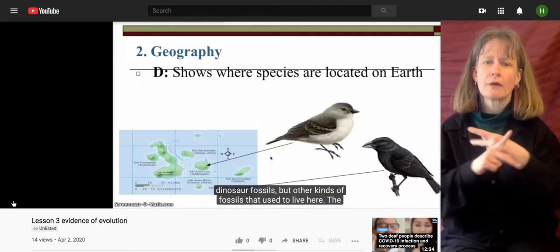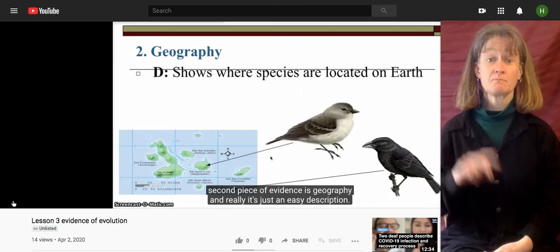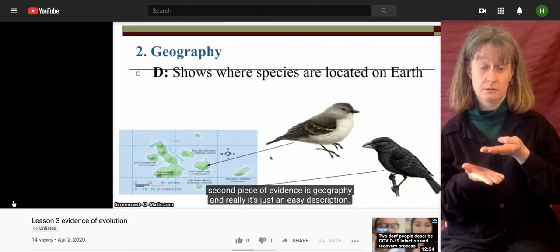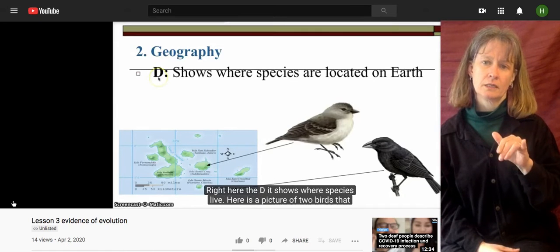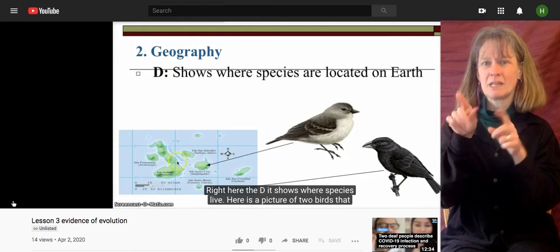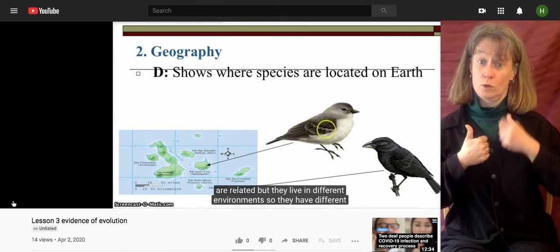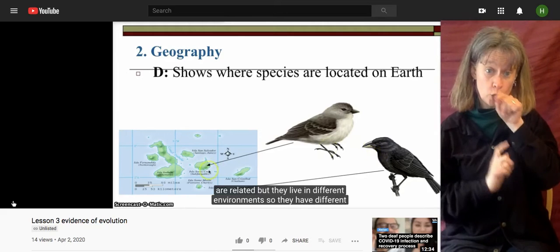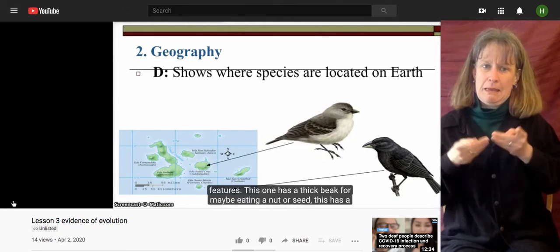The second piece of evidence is geography, and really it's just an easy description right here, the D. It shows where species live. Here is a picture of two birds that are related, but they live in different environments, so they have different features.